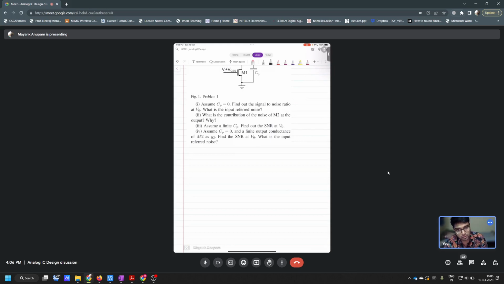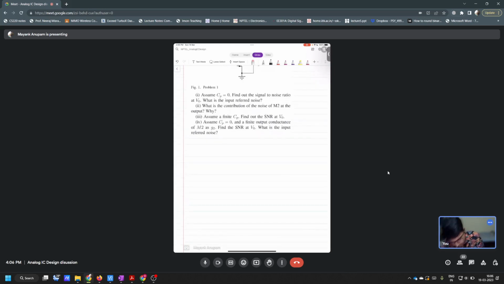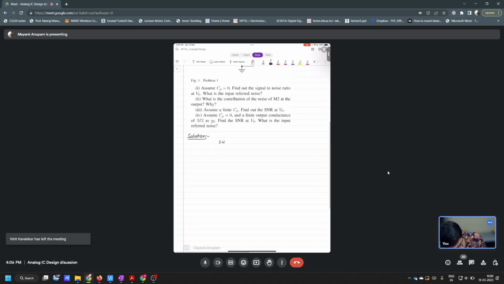Cool. Fine. So we write it here. Signal to noise ratio, short for SNR, is defined as output signal power divided by output noise power.